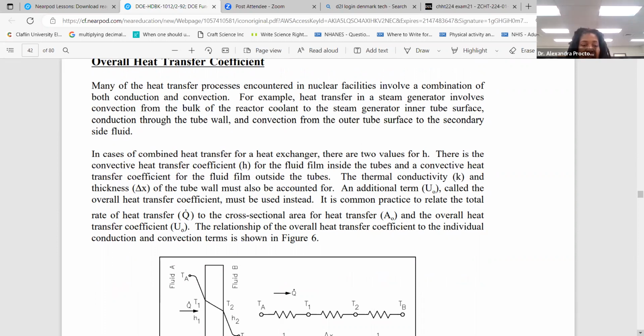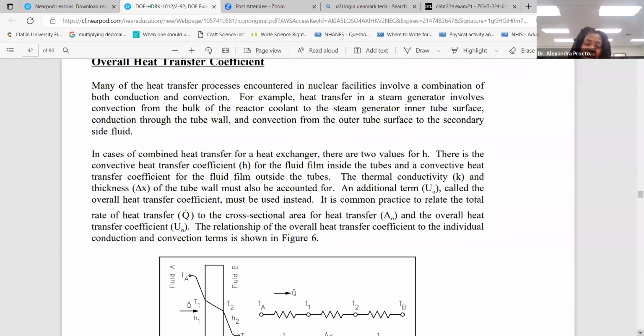There is the convective heat transfer coefficient for the fluid film inside the tubes, and then there's the convective heat transfer coefficient for the fluid film outside the tubes. And thermal conductivity, K, and thickness, delta X, of the tube wall are also accounted for. An additional term, like we talked about internal energy, U, called the overall heat transfer coefficient, must be used instead.